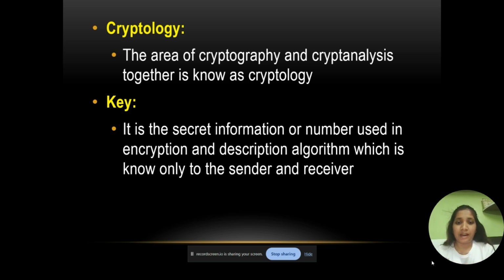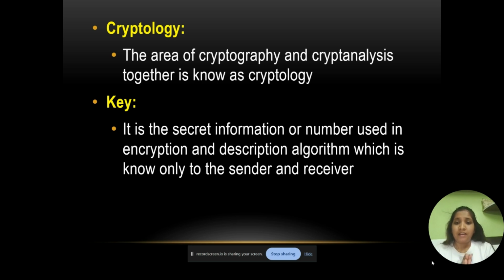How do encryption and code breaking work together, and what role does a secret key play in securing the data? In this slide we'll explore the concepts of cryptology and encryption keys. So what is cryptology?